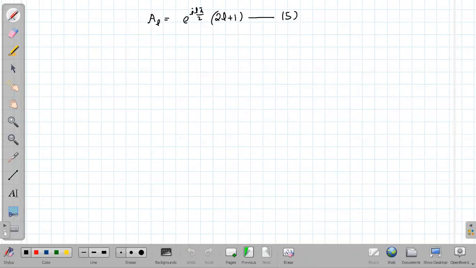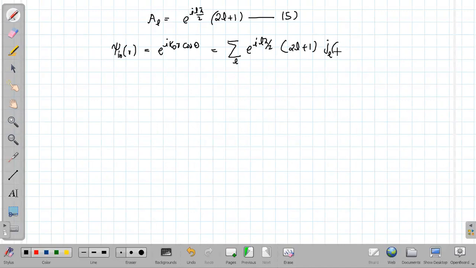Hence the incident wave function psi_in of r, which is also written as e raised to i k0 r cos theta, can be written as sum over L e raised to i L pi by 2 times (2L plus 1) J_L of k0 r P_L of cos theta.